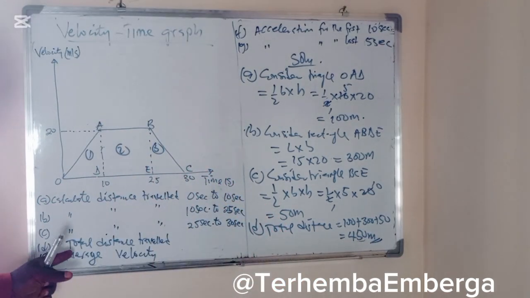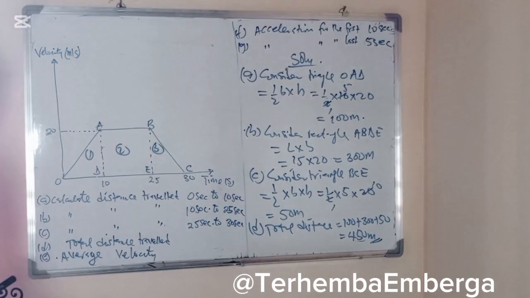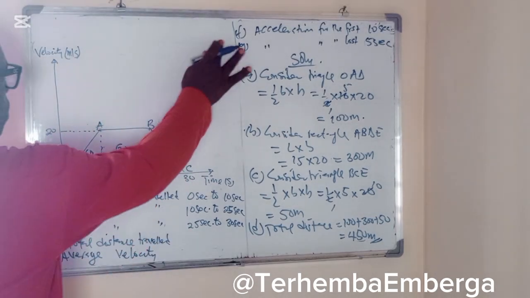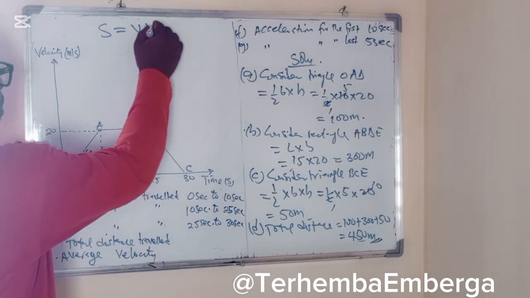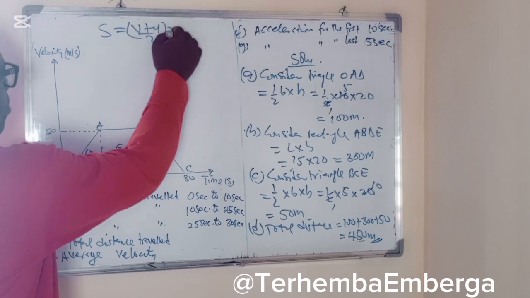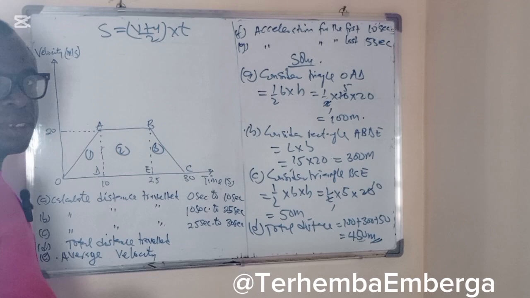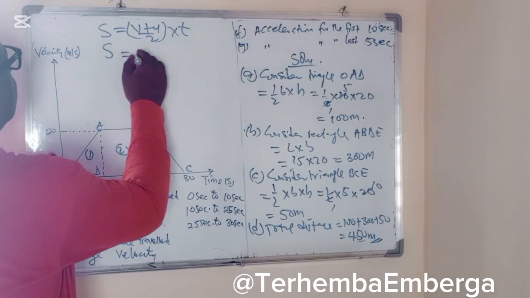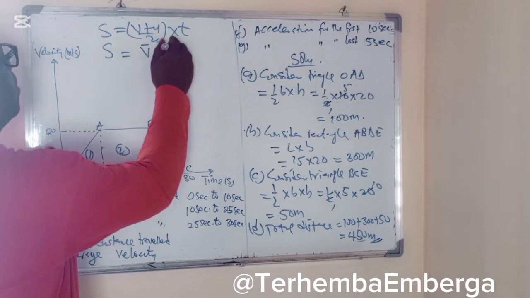We have not finished. E is the average velocity. What is average velocity? In one of the classes, we talked about equations of motion. I said that total distance is average velocity times time. So we can say that S is equal to average velocity times time.